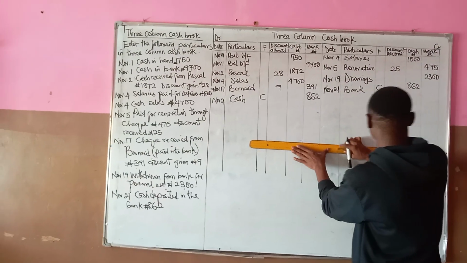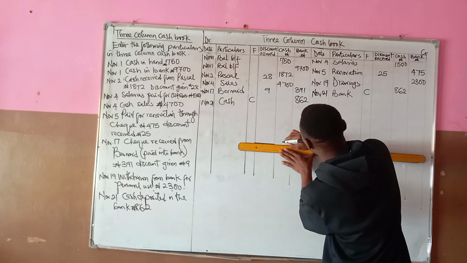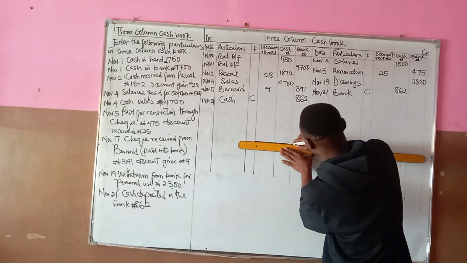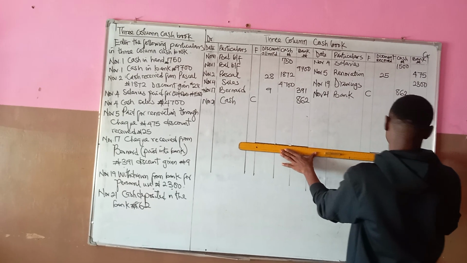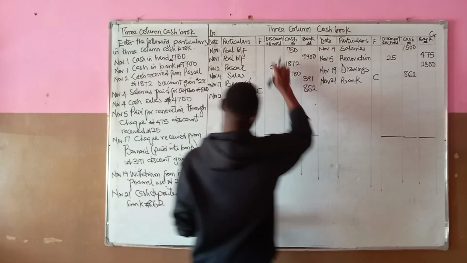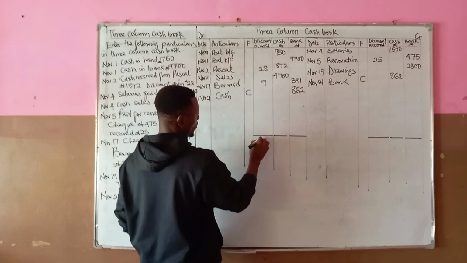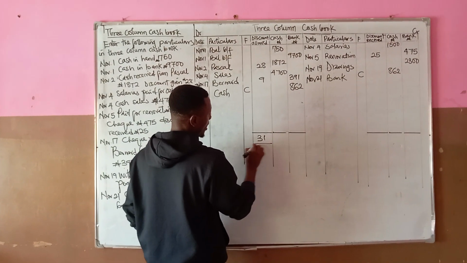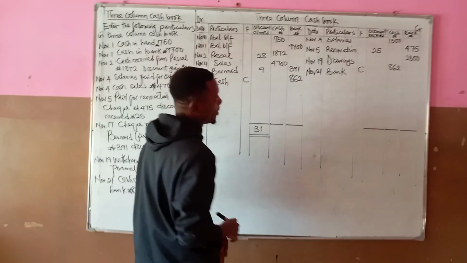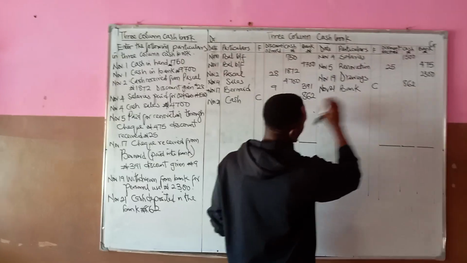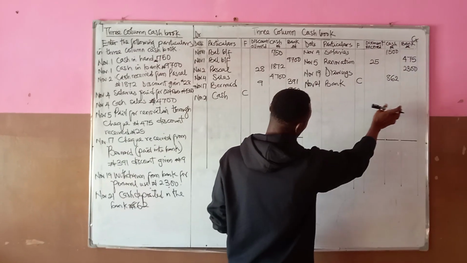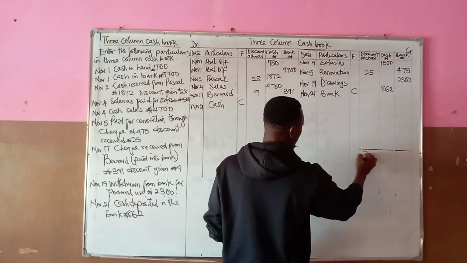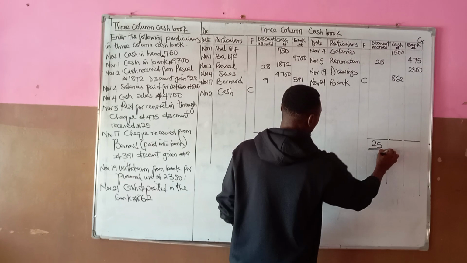Remember how we close right from the single column cashbook? Now, here I add these two together to give me 31. So I am not balancing this particular aspect. Looking at this and this, we know that our cash income is higher than our expenses. This is 25 naira.